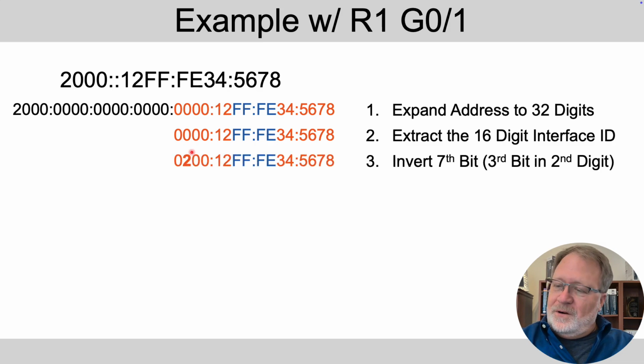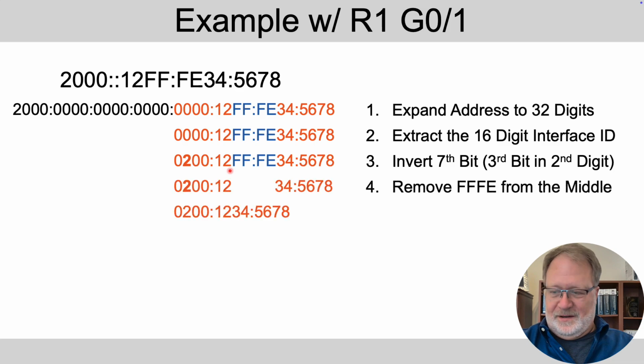Then we invert the third bit in the second digit. That is the 7th overall bit. In this case, it changes hex 0 to hex 2. And then that FFFE in the middle of this 16-digit interface ID, we get rid of that, which leaves us with our 12-digit MAC address. Once it feeds back into the EUI-64 process, which is the reverse of what we just talked about, that'll give you the correct interface ID in your IPv6 address.